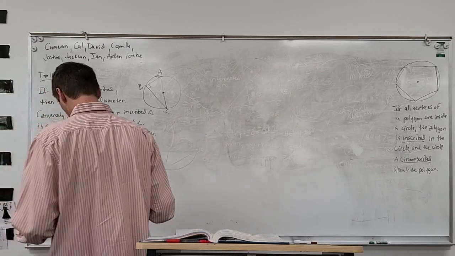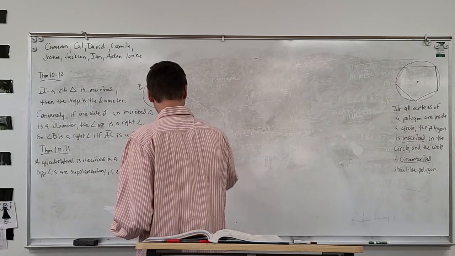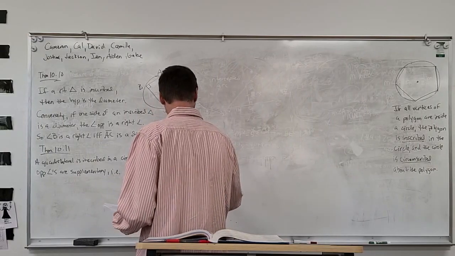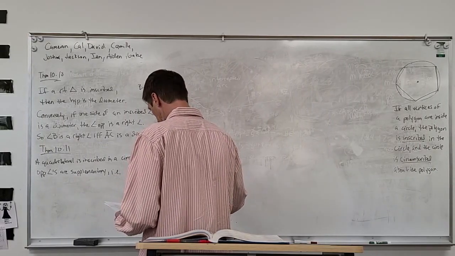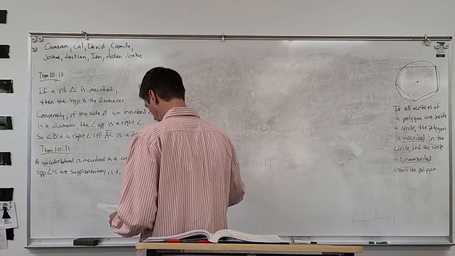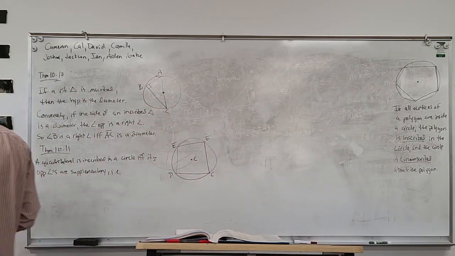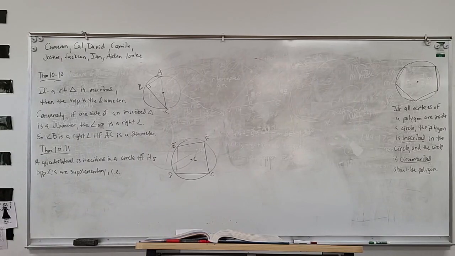So, in other words, let me draw one here. If I had a circle that looked like this, and we had a quadrilateral that looked like this, and we labeled it E, F, G, D with center C. This theorem says that the measurement of angle D plus the measurement of angle F equals 180 degrees, and the measurement of angle E plus the measurement of angle G equals 180 degrees.